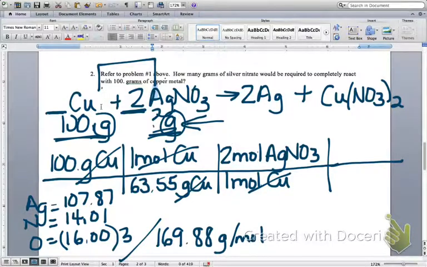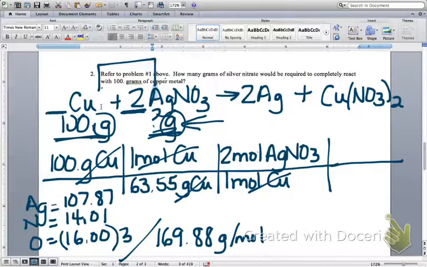Now, if I'm going from moles to grams, which is what I'm doing in this particular problem, do I want to multiply by the molar mass or do I want to divide by the molar mass? Not divide. Doesn't it go with the AgNO3? But it is grams and moles. What is the unit or the number that goes with the mole quantity in molar mass?